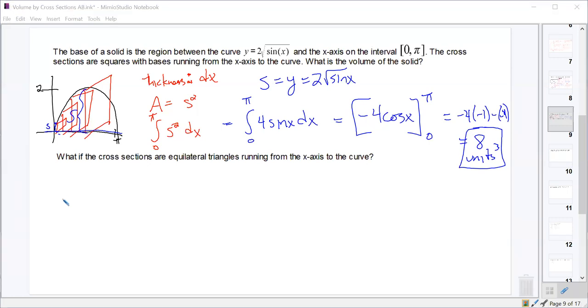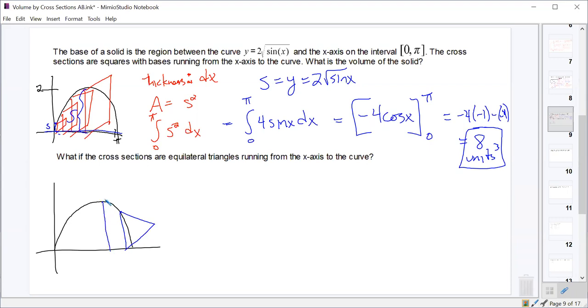So we're going to use the same function, but this time the cross sections are going to be equilateral triangles running from the x-axis to the curve. So these are coming straight out of the screen directly at you. Right, straight out of the screen directly at you.